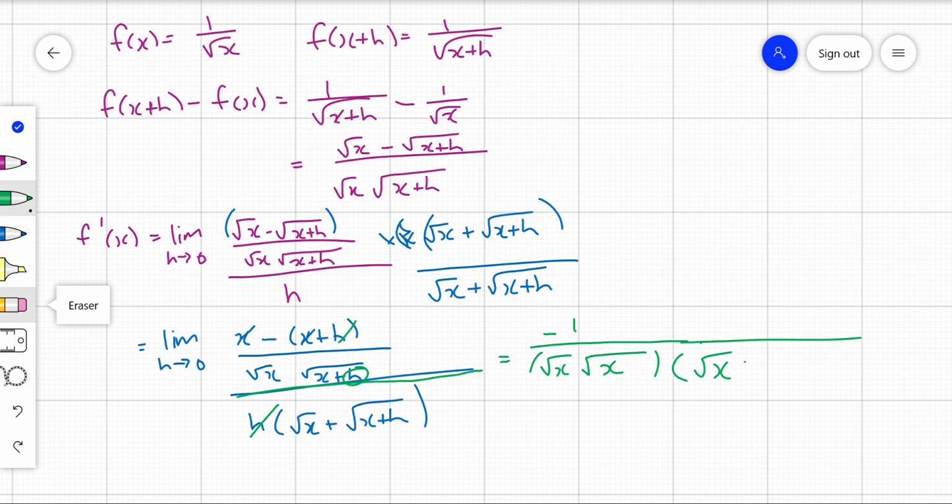So I've got root x plus, and again I've got root x because h goes to 0. All right, so here we've got minus 1 on root x times root x is x. And then in this bracket we've got 2 lots of root x's, which gives us minus 1 on 2x root x, which I think is what we were trying to find, hopefully. All right, I hope that helps.